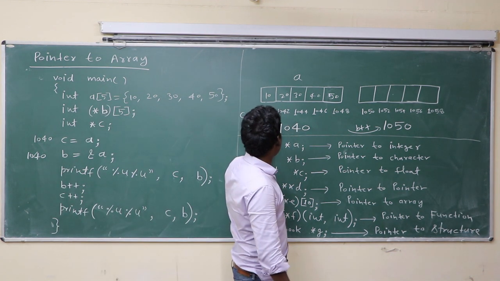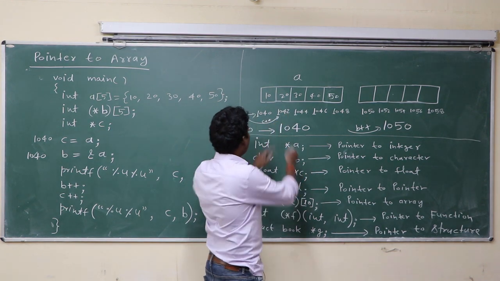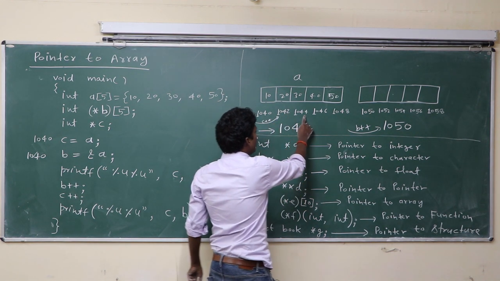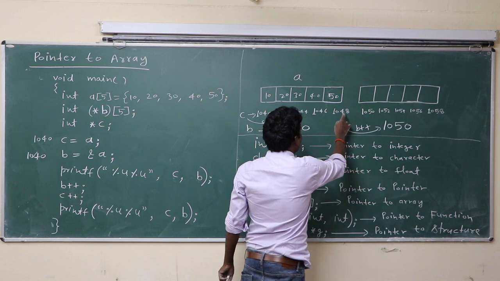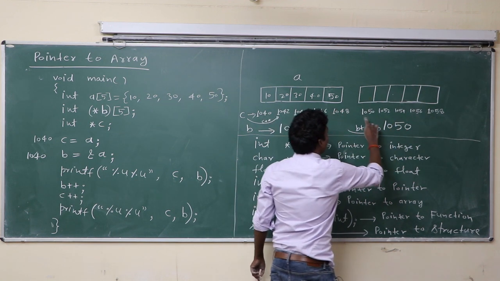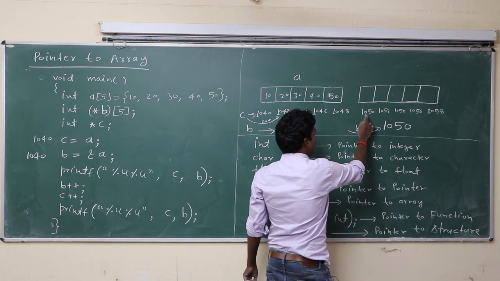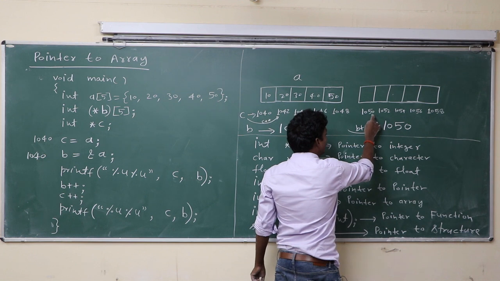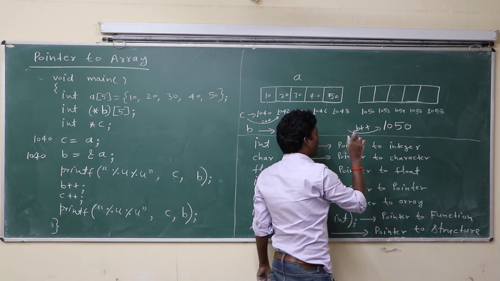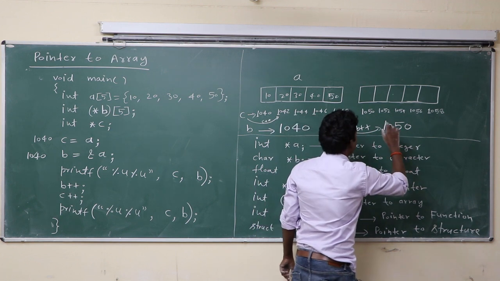And class, here the address is 1040, and each block is incremented by 2: here plus 2, here plus 2, here plus 2, here plus 2. The next array is also incremented by 2. So here is 1048, here will be 1050, because an array occupies space in memory in a contiguous manner.